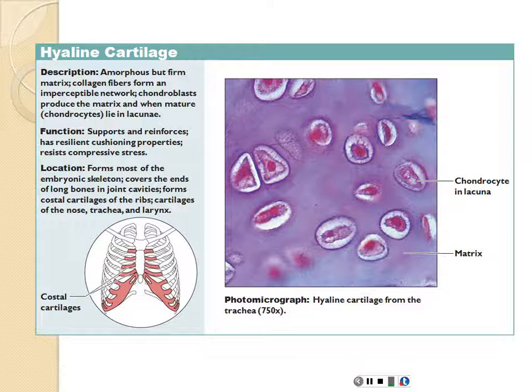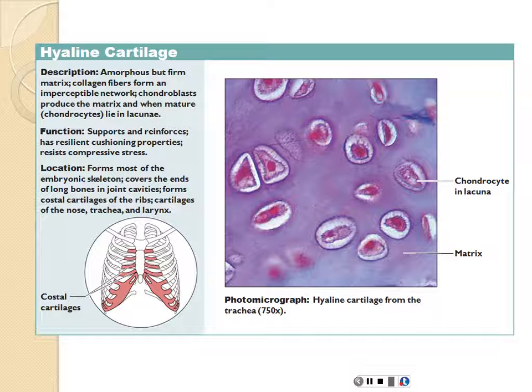So that's where we find hyaline, and also the embryonic skeleton. So when an embryo is developing, it doesn't start off with bones. It starts off with cartilage that is turned into bone during the process of development. Okay?